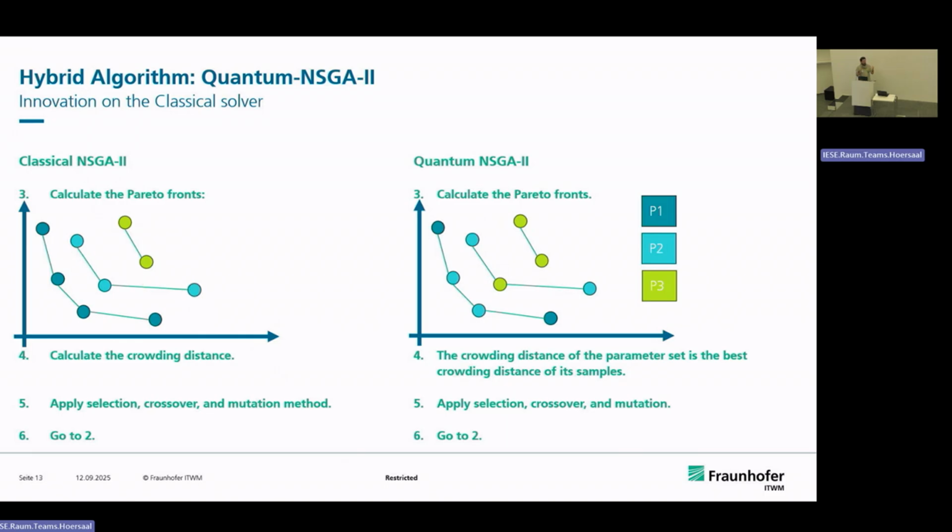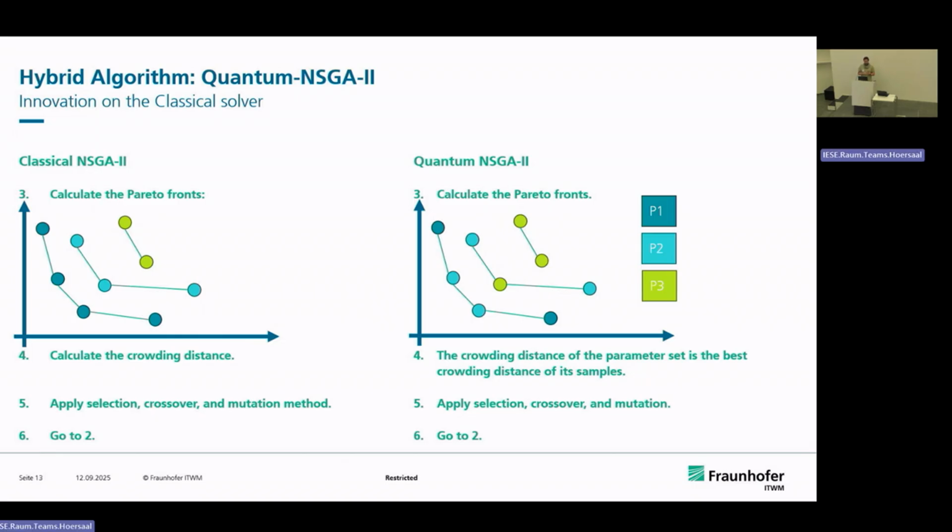Let's say we have only a population of 5, then we would take the first 4 of our original Pareto front, plus 1 of the blue one. But to check which one of the blue ones to take, we need this crowding distance as some trade-off.